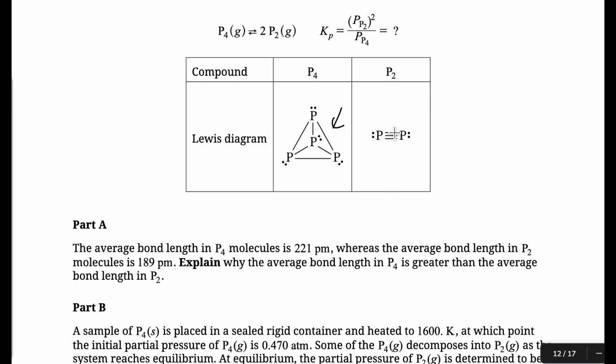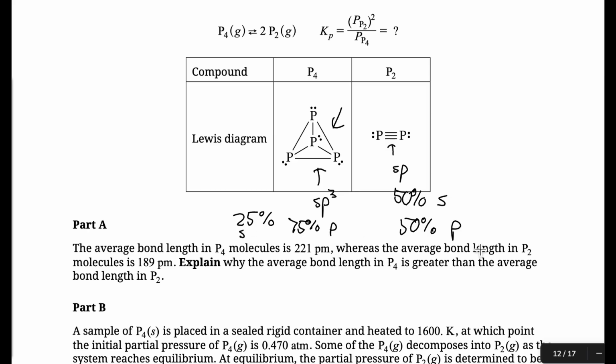So notice how P2 is a triple bond while these are all single bonds. So triple bonds are shorter than single bonds, and that's because the hybridization of a triple bond is sp, whereas for a single bond, it's sp3. So notice how this is 50% S character and 50% P character, whereas here, it's 75% P and 25% S, because you have 3 P's and only 1 S. So it's 3/4 and 1/4.